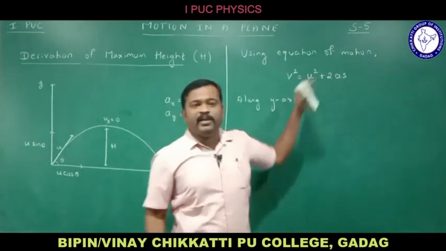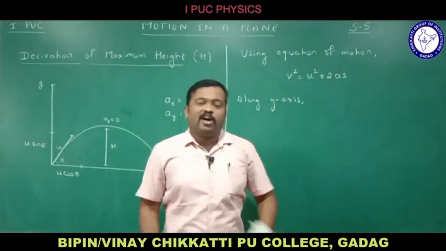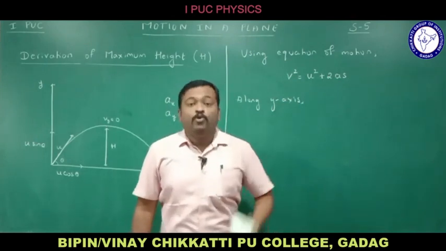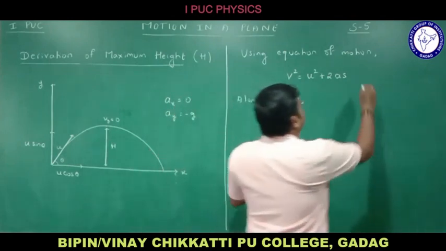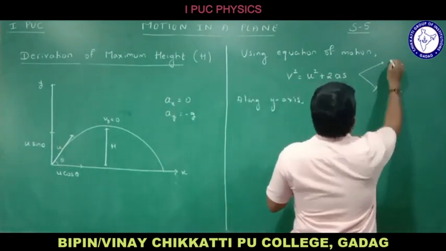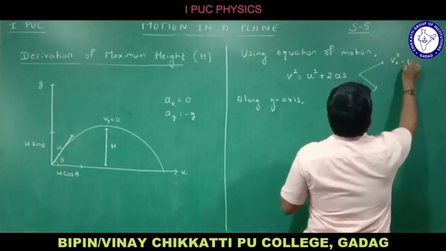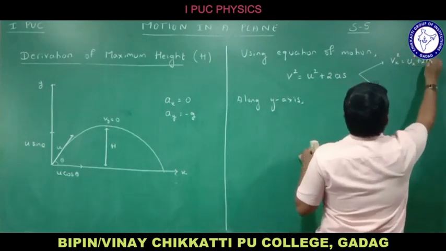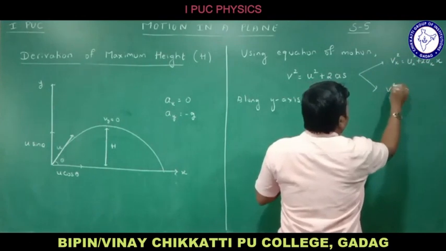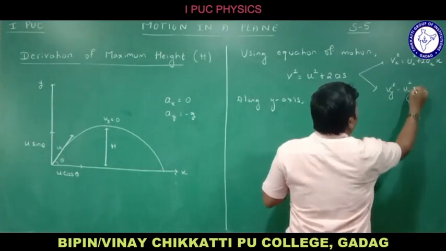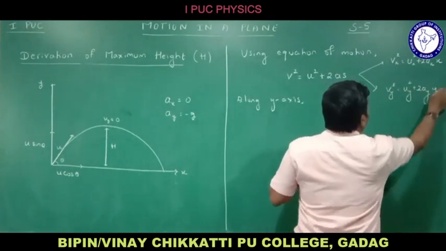This equation can be written along both axes, so we write: vx square is equal to ux square plus 2ax into x, and vy square is equal to uy square plus 2ay into y, right?